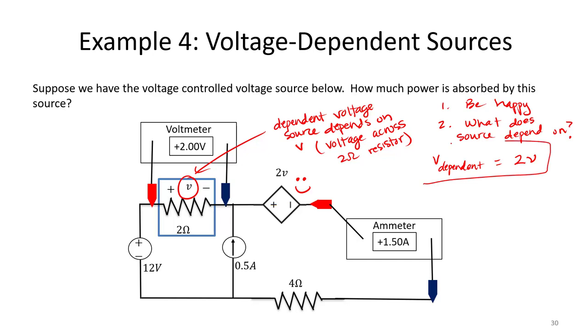So notice we need to find this value to determine the voltage across our dependent source. In this case, it's a voltage-controlled voltage source. Well, wait a minute. Do we know what V is? What is this little v?